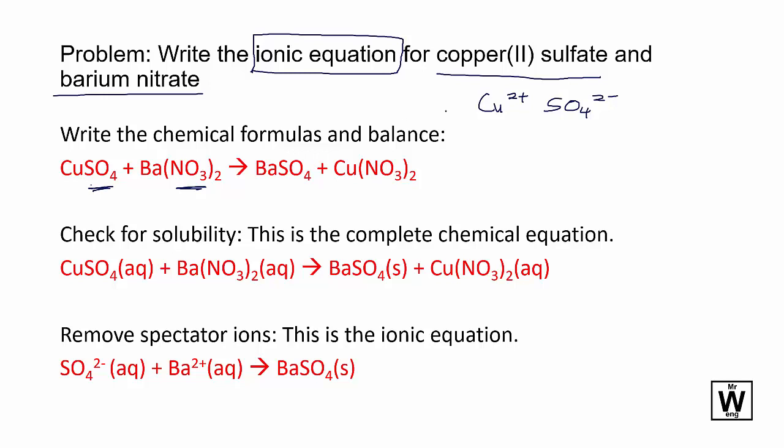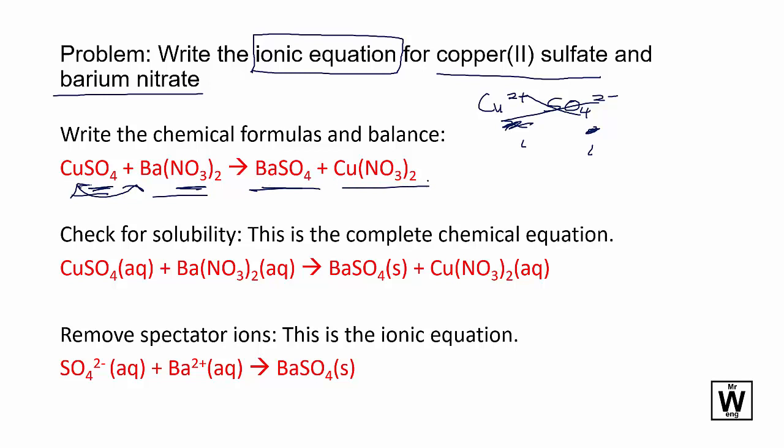Cross multiply, lowest common denominator, don't write the ones, so that's just CuSO4. So you end up with copper sulfate and barium nitrate, and it's a double displacement, so you swap these things around. You get barium sulfate and copper nitrate.